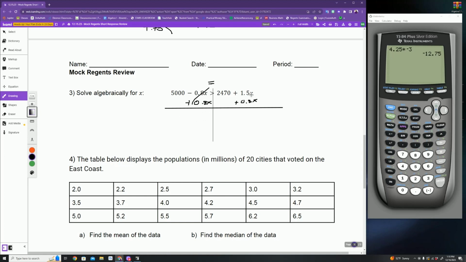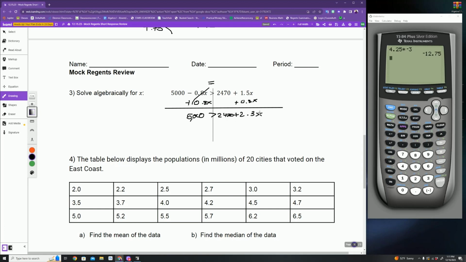On this side, you're going to get 2.3x. That's a positive, so plus, and then bring down everything else. We currently have 5,000 is greater than 2,470 minus 2.3x.